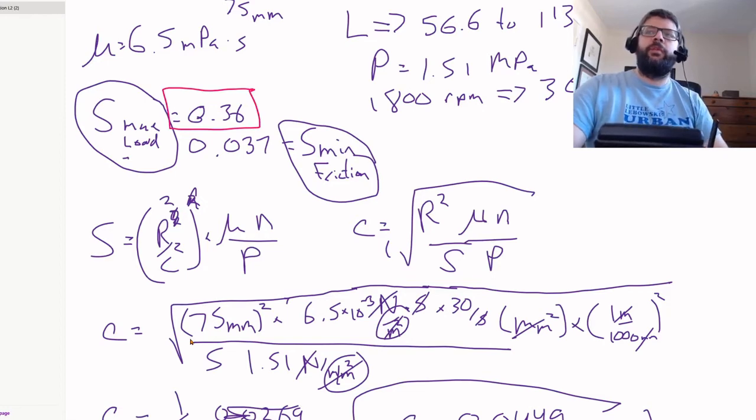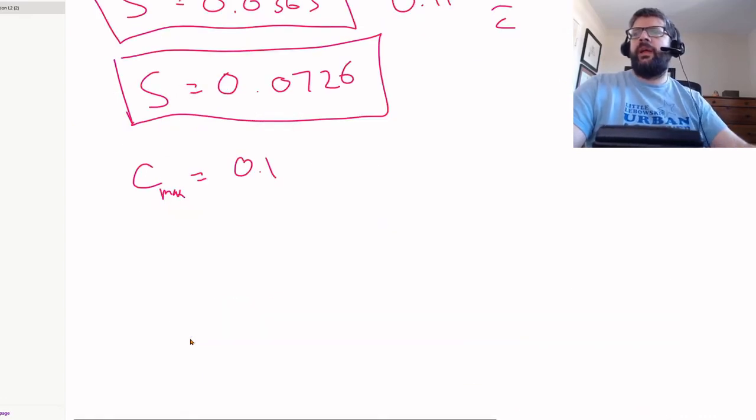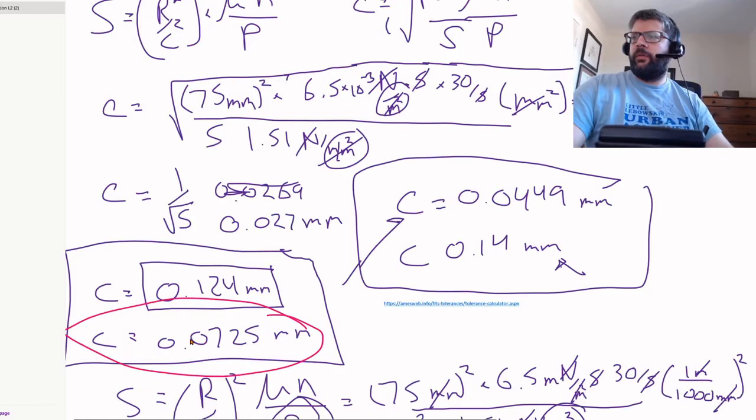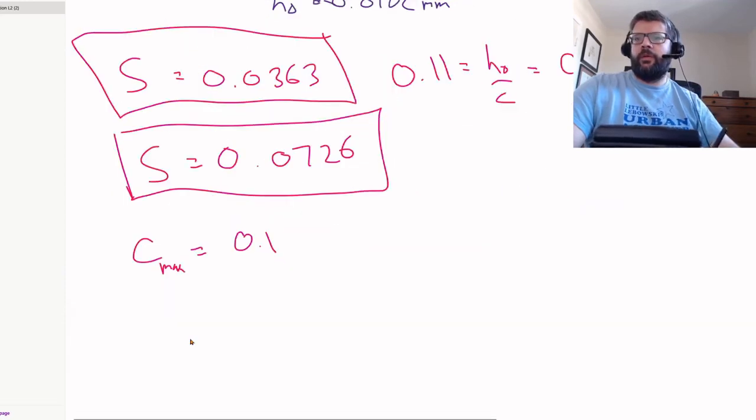So we still want it to be within the 0.036. So let me just double check. So at that radial clearance, we have 0.045 millimeters is our minimum, C min equal to 0.045.